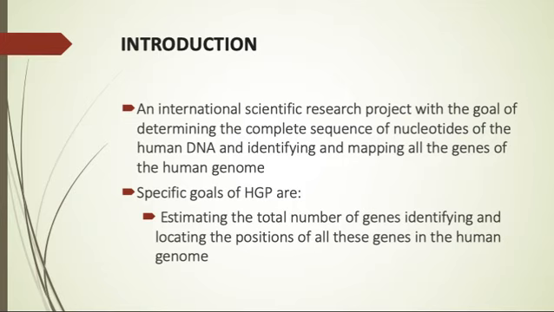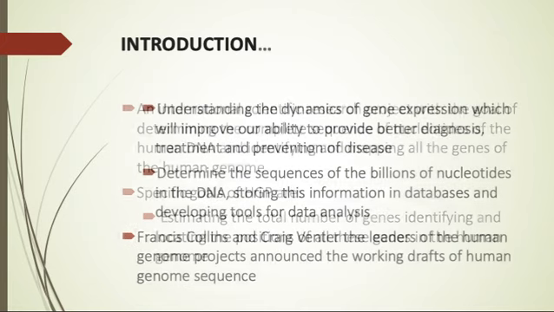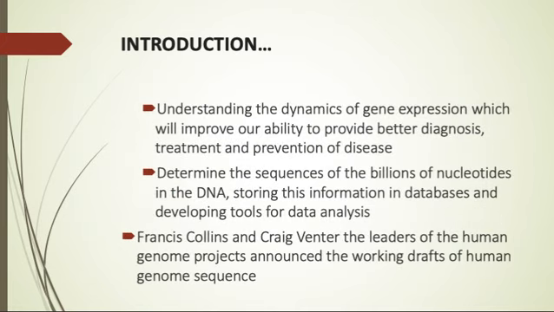There are many goals for the Human Genome Project, and these are estimating the total number of genes, identifying and locating the position of all these genes in the human genome, and understanding the dynamics of gene expression, which will improve our ability to provide better diagnosis, treatment and prevention of disease.